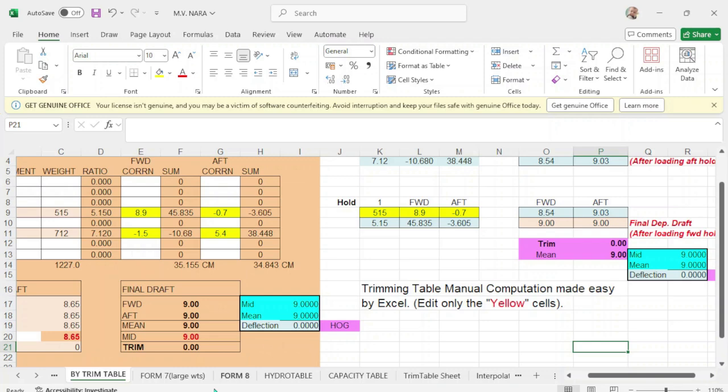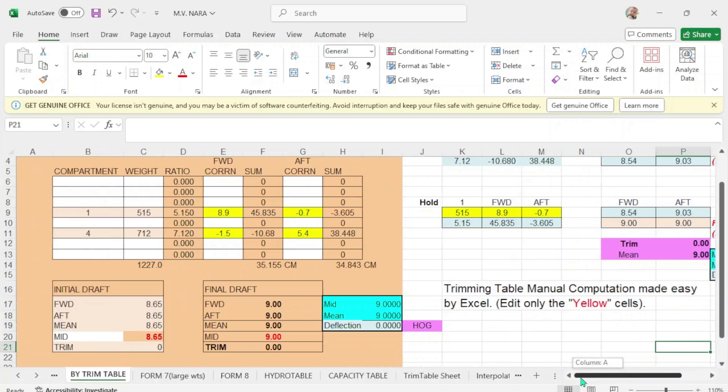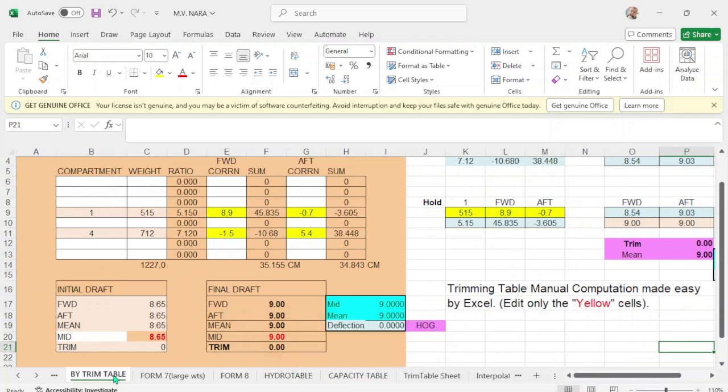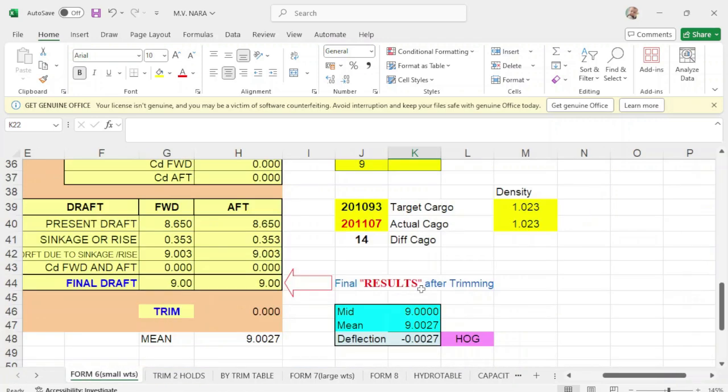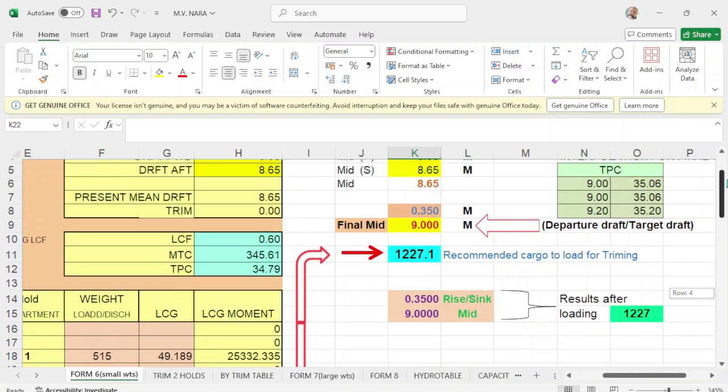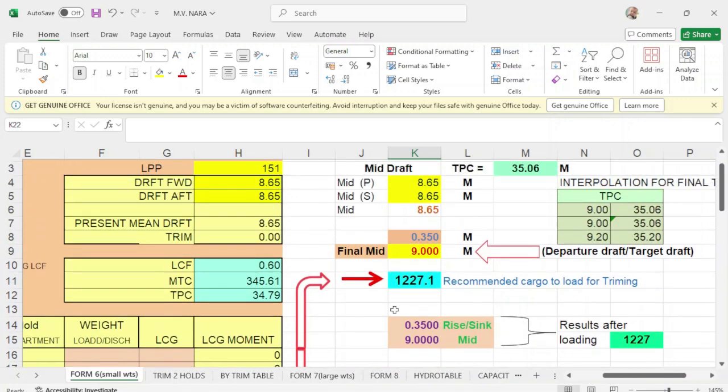Okay, so I prefer, guys, that when you're computing for remaining cargo to load, you use this TPC of your departure drop of 9 meters, which is this one, and use the TPC to get the recommended cargo to load for trimming.